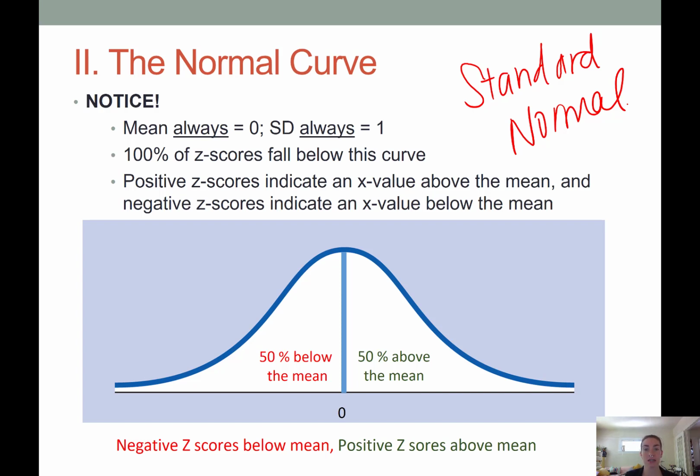And because this is a totally symmetric distribution and has a mean of 0, then we know that 50% of the scores will be negative, in other words, lower than average, and 50% of scores will be higher than average. And again, remember that's once we convert everything to z-scores.